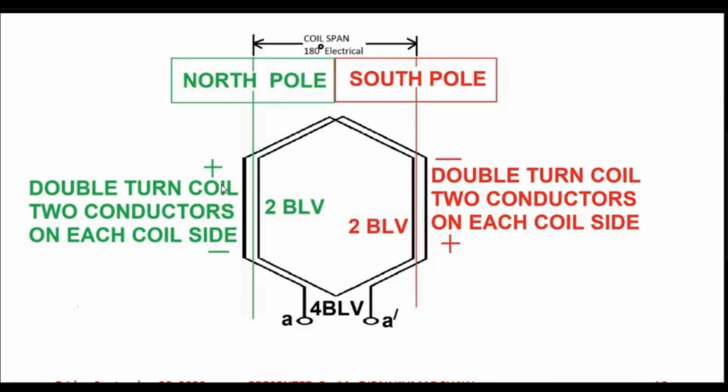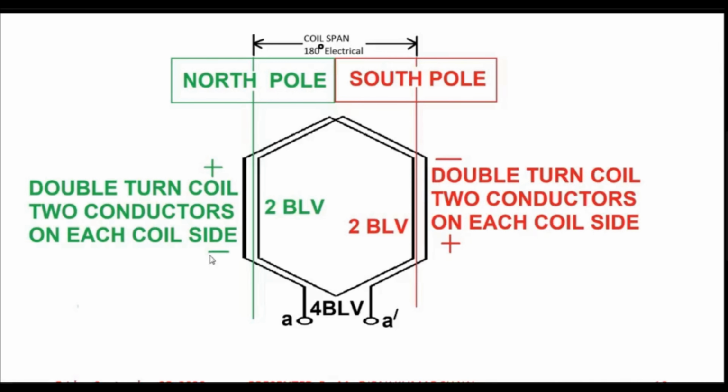If the polarity of induced EMF for the conductors under north pole and for the conductors under south pole are opposite, that is actually to our advantage, because when you take the algebraic sum of the voltage along the two coil sides, it will get added up.